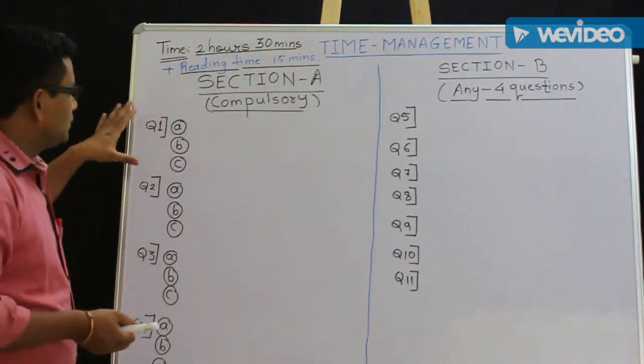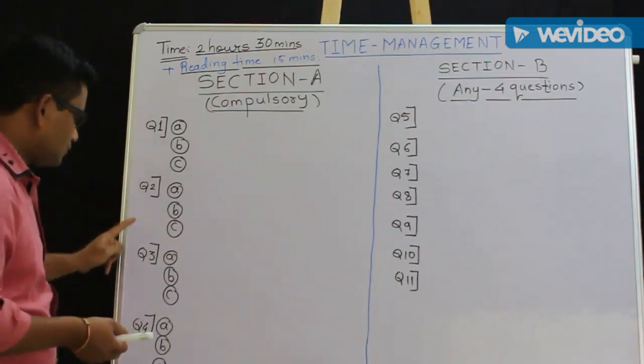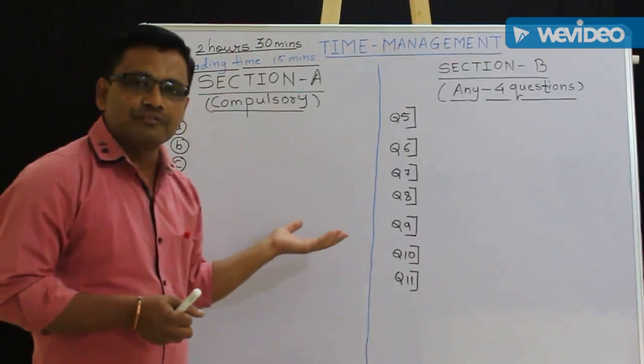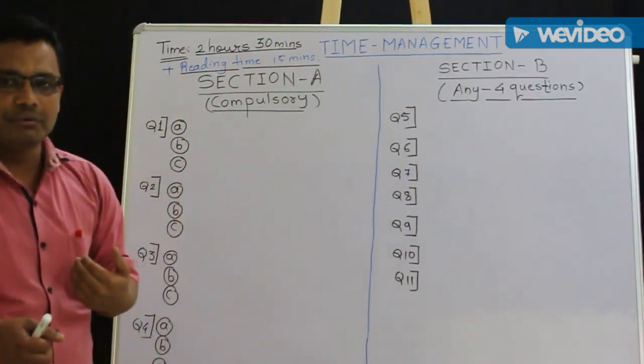Within 2 hours, in the first hour we will solve Section A. There is no compulsion that we have to solve Section A first and then Section B. It is up to us which section we prefer.